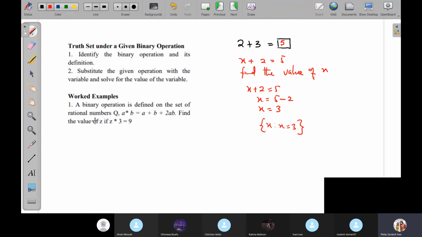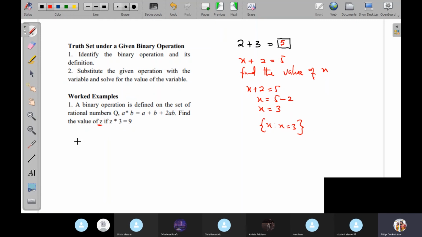Find the value of Z if Z star 3 is equal to 9. So in other words, we are finding the value of Z from this operation.